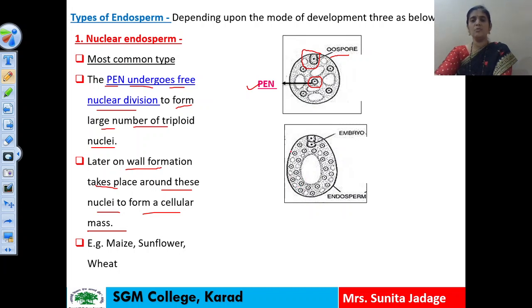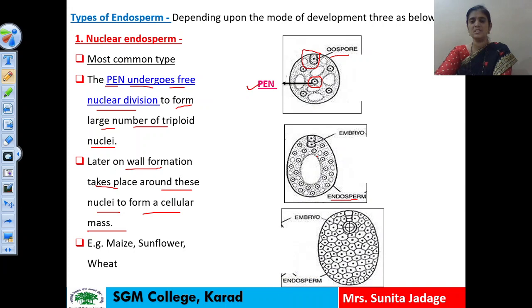These are the nuclei forming the endosperm, but firstly this endosperm is of nuclear type because only karyokinesis is taking place, there is no cytokinesis. Afterwards, in the third stage, you can see that around each nucleus cell wall formation takes place, and the nuclear endosperm gets converted into cellular endosperm. But firstly the nuclei divide freely, and therefore such type of endosperm is known as nuclear endosperm.